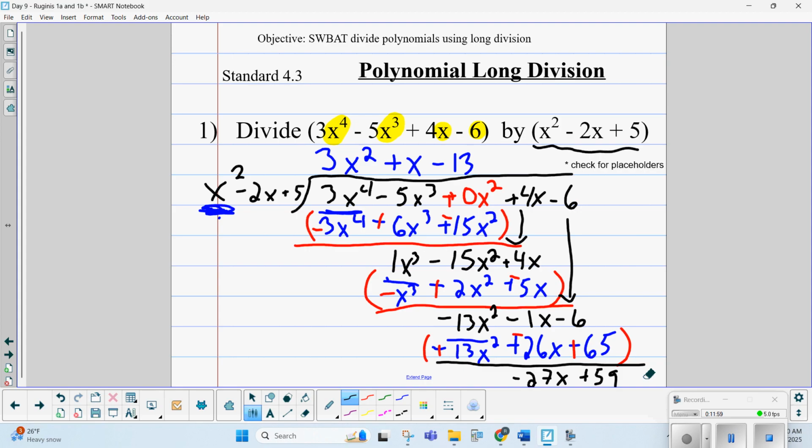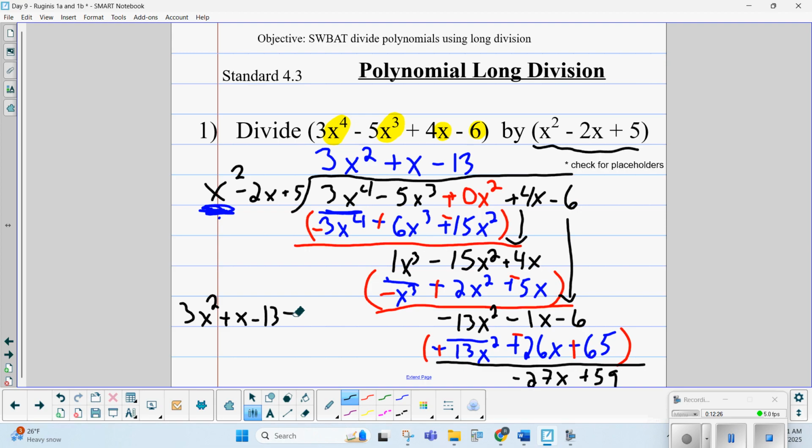So our answer here, when we divide 3x to the 4 minus 5x cubed plus 4x minus 6 by x squared minus 2x plus 5, is going to be this thing up top. So I'll write it over here, 3x squared plus x minus 13. And then what we do with our remainder is add it as a fraction.